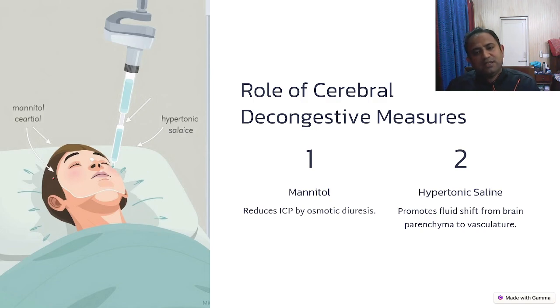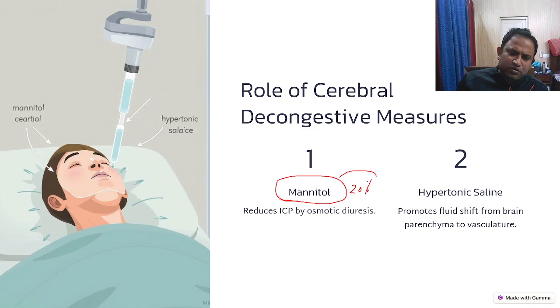So the role of decongestive therapy: oh yes, it should be initiated as early as possible. The decongestive therapy that is predominantly used is mannitol. Mannitol is available as 20%. So how much is to be used? What is the initial dose of mannitol that you think should be given to a patient?